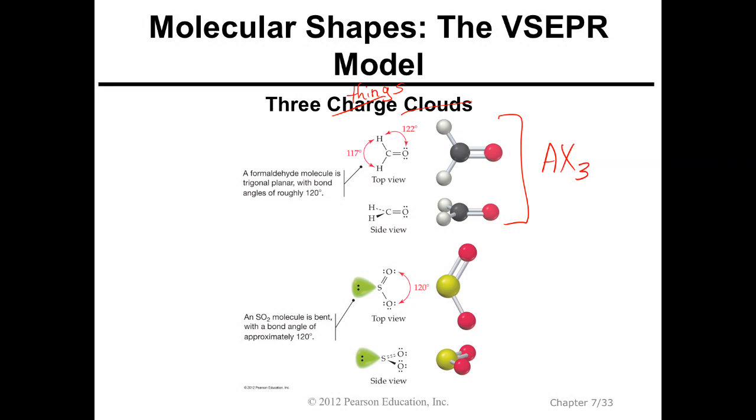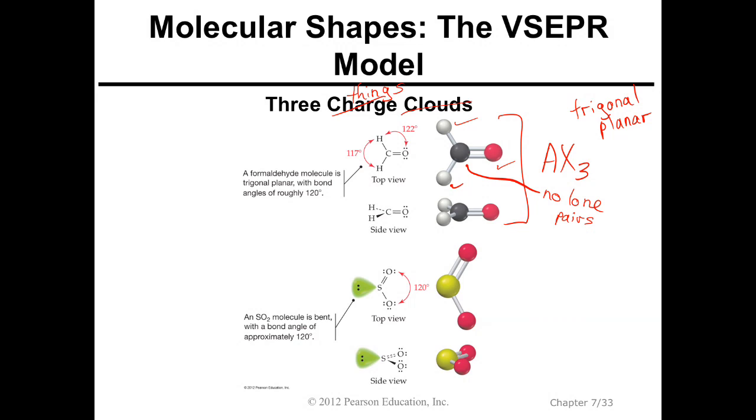In this case, you've got an oxygen and two hydrogens around the center and no lone pairs. The geometry or shape for this molecule, in this type of system, would be trigonal planar.